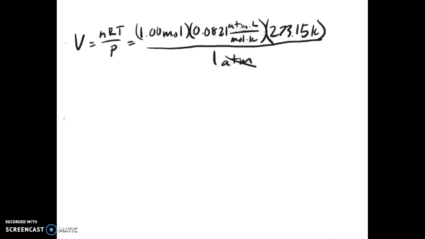So as you can see, your units cancel out this way: atmospheres cancel out, kelvins cancel out, moles cancel out, and in the final equation it will always come back as 22.43 liters.